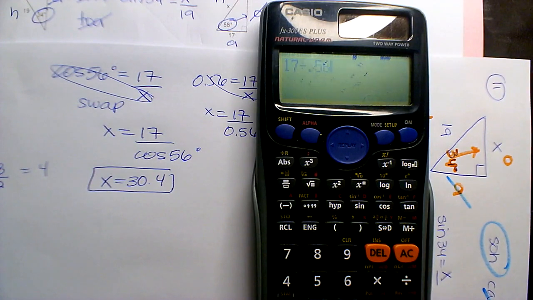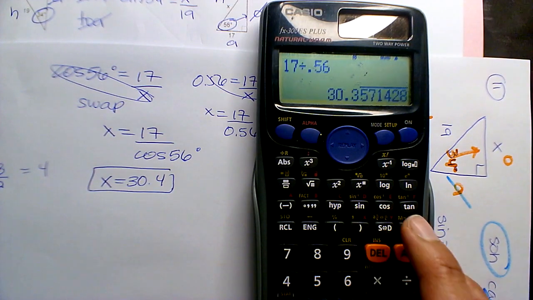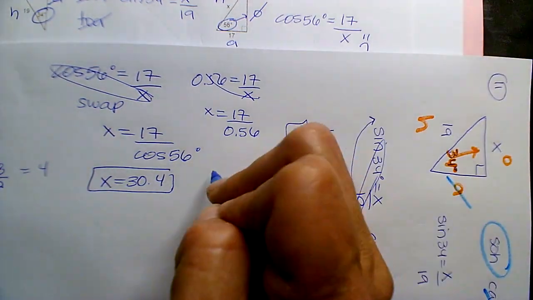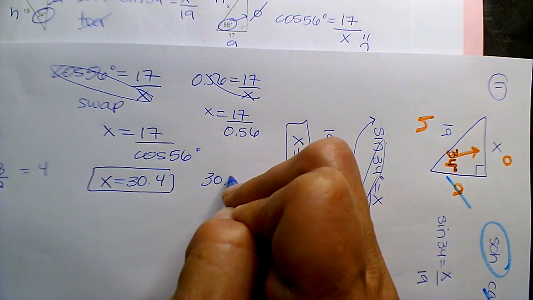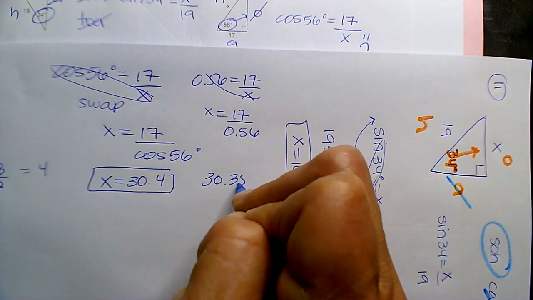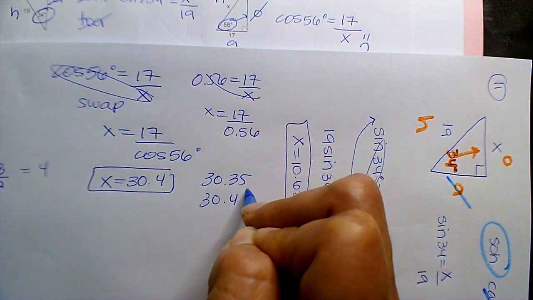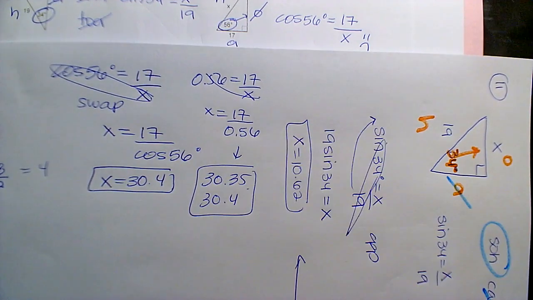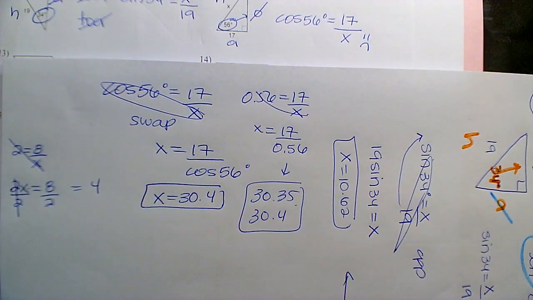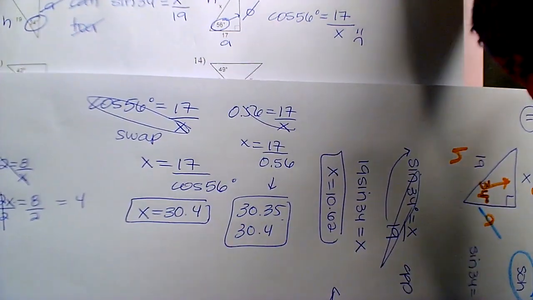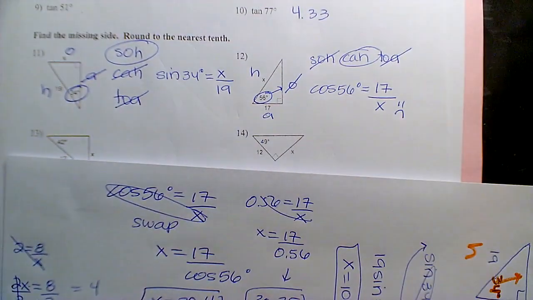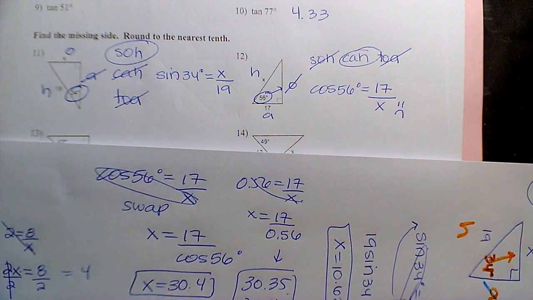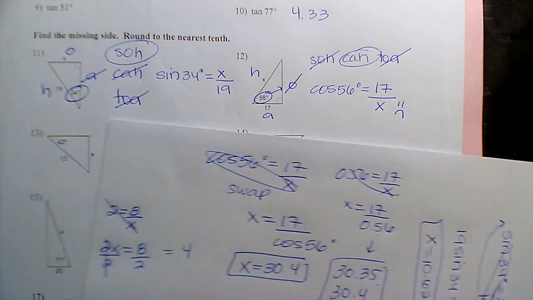You get 30.35 or 30.4. So you get about the same answer. Okay, so if x is on top, you're multiplying. If x is on the bottom, you're dividing. You're going to have a division in your ratio.